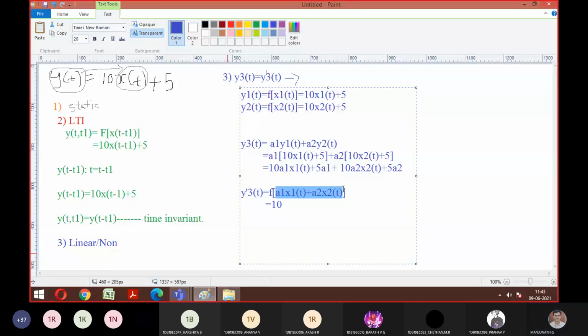So 10 x of t plus 5 is a function. 10 is kept as a constant and whatever is in the bracket is applicable in place of x of t. That is the only change you should remember, and the formula continues plus 5. Look at the question: 10 x of t plus 5. 10 is kept as it is, x of t is the function given, plus 5. Is it okay to everyone till here?